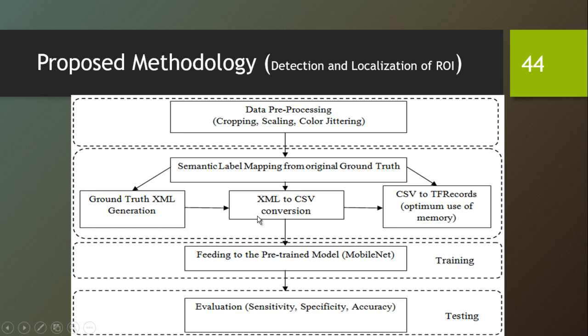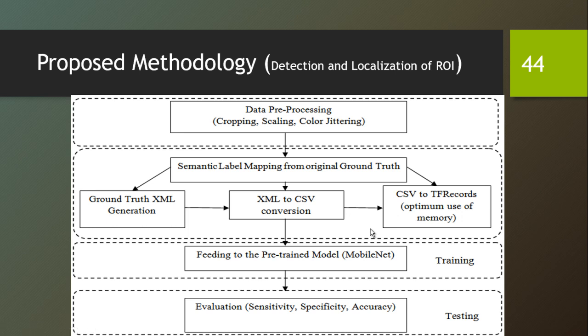These coordinates were then converted to CSV and mapped upon the training set. Through TFRecord, these cropped portions were extracted and converted into an array of binaries for utilizing memory efficiently.